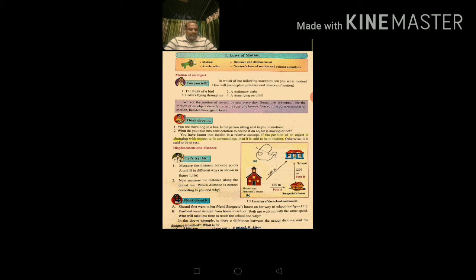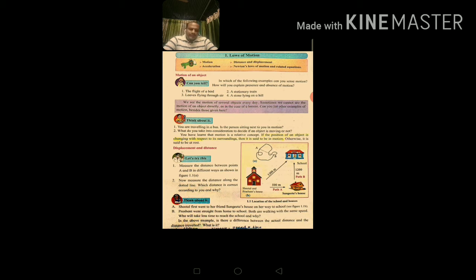In this diagram B, which one will take less time to reach the school? Obviously, Prashant takes less time, because he goes straight to the school.